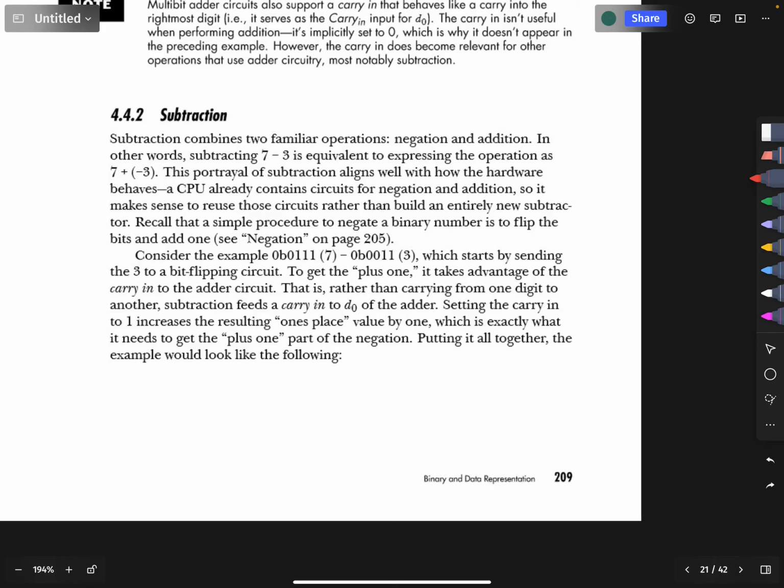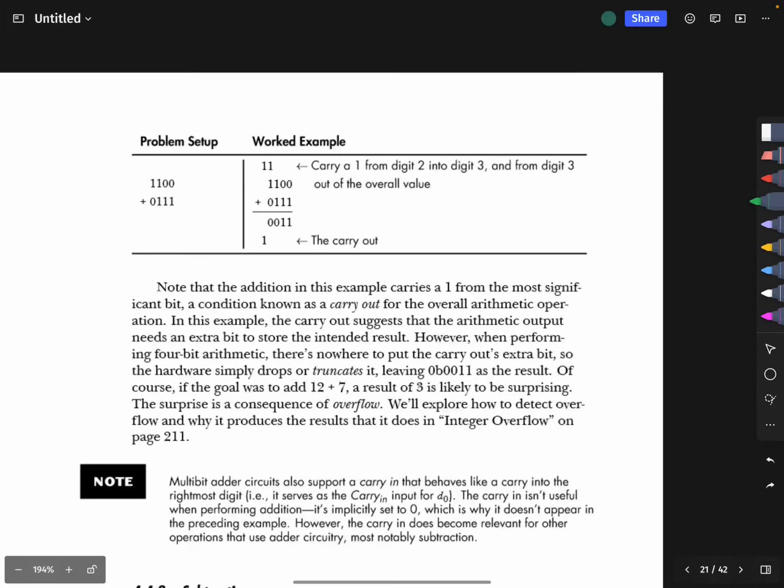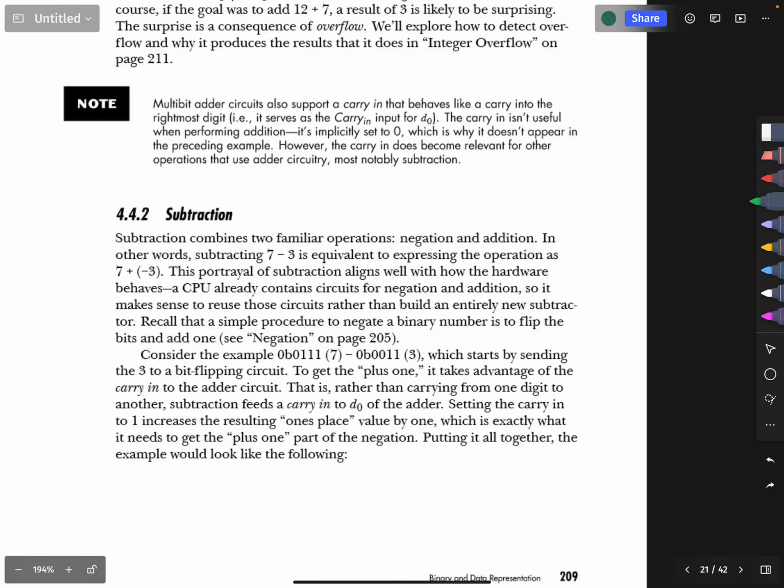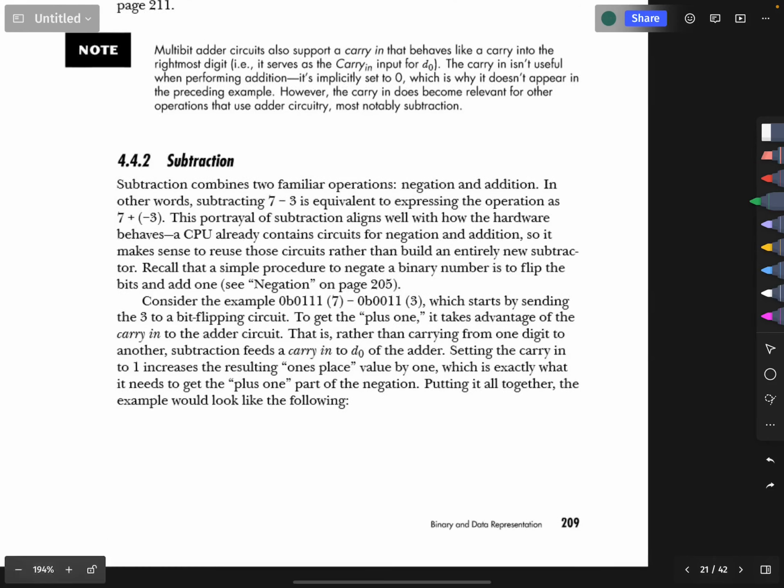Now, because of the whole carrying system that we've been talking about, the units digit has a carry in, just like every other digit. We could bit flip and then add 1, there's no reason why we couldn't do that, but in hardware it's easier to exploit that carry in.